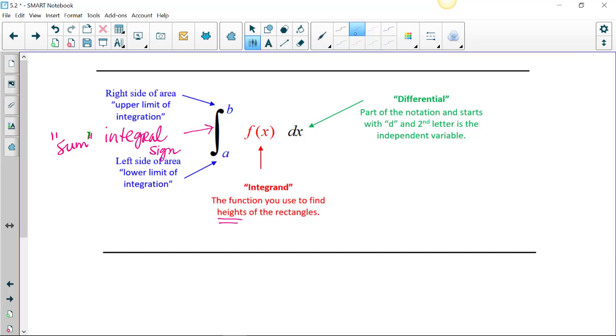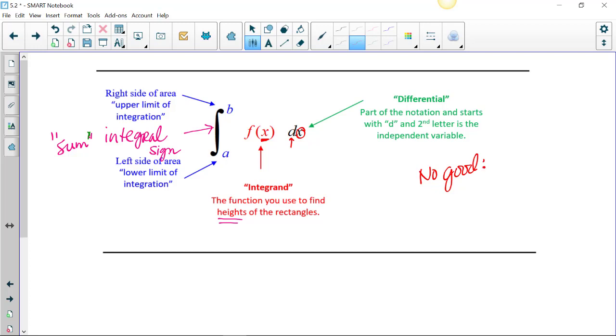Now, the one thing to notice is the d, there's always going to be a d, but this variable x could be something else depending upon what the independent variable of your function is. Okay, but they must be the same. So this is no good if you see something like this.